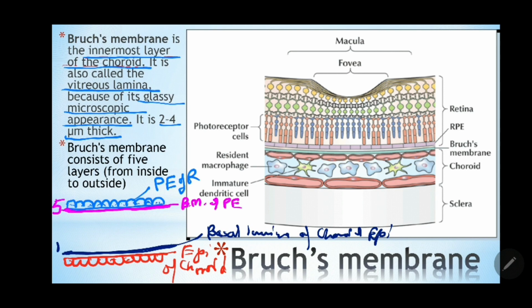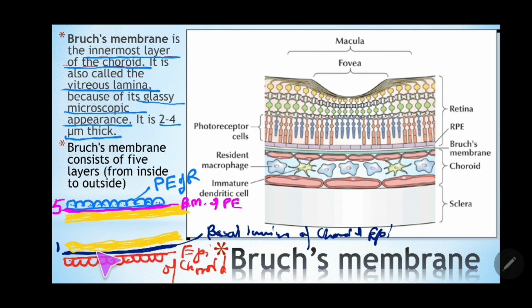Then you find the collagen fibrous layer. This is a layer made up of collagen fibers on both sides, between the basement membrane of the pigment epithelium and the epithelium of the choroid.